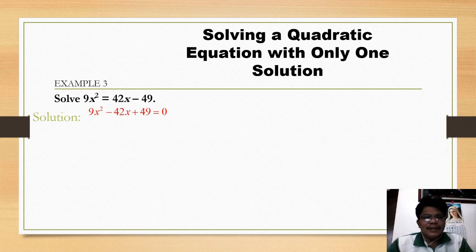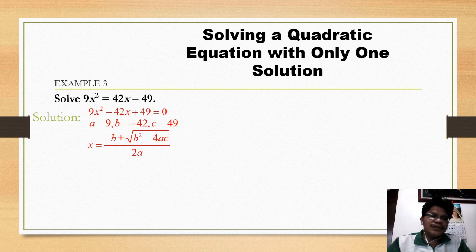So mapansin natin, yung first term, yung value ng A at yung value ng C ay parehong perfect square. So let us now find out what is the value of A, B, C. And of course, the value of A is 9, the value of B is negative 42, and the value of C is 49. Ngayon, meron na tayong value ng A, ng B, at ng C. Write the quadratic formula, and then after that, you're going to replace the values of A, B, C in the quadratic formula.